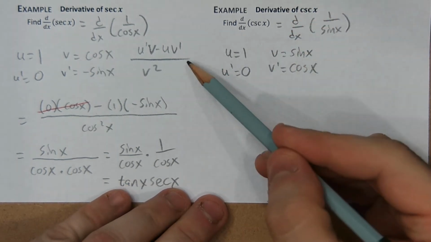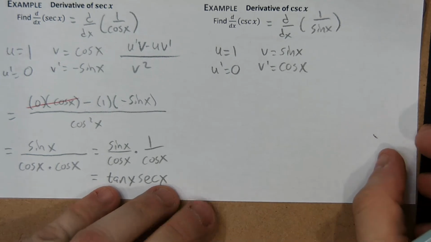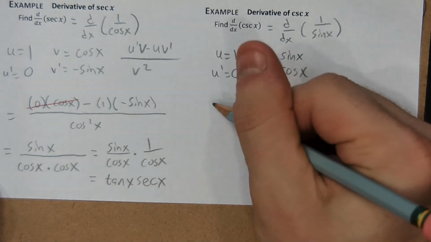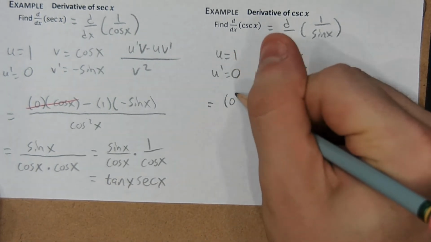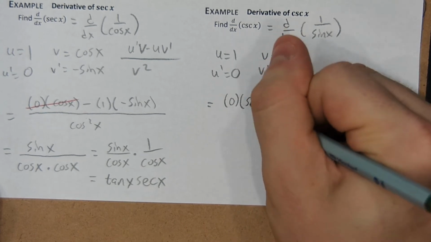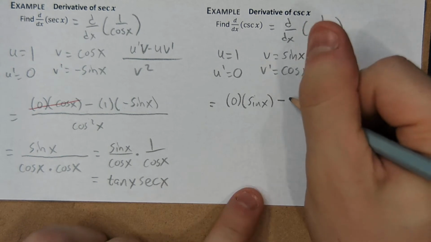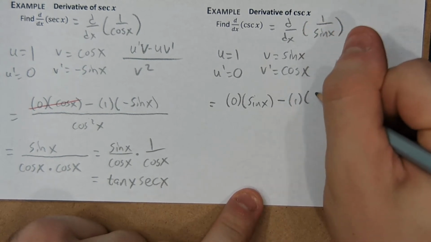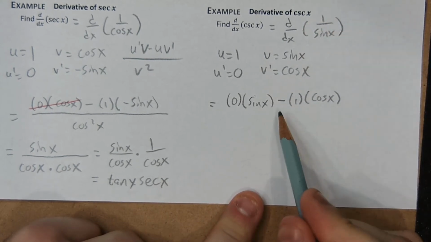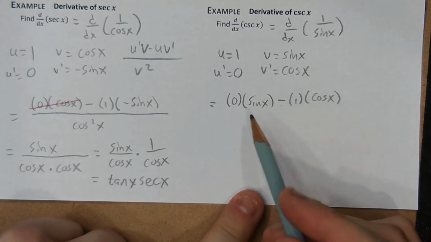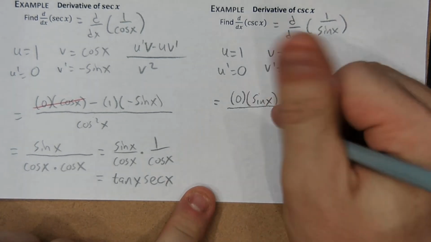Can still see my quotient rule right there, so I'm just going to fill it out from there. Again, u prime is 0, so it really doesn't matter what v is, but, you know, good mathematician, I'm going to write it all. Minus u v prime. Look, that's where that negative sign is coming from. All over v squared.